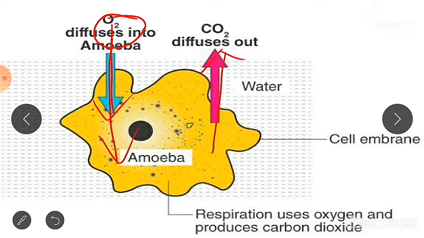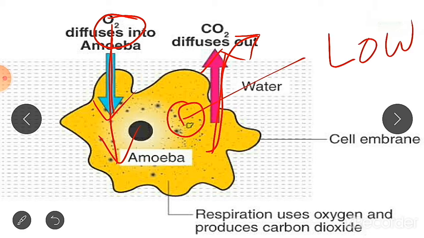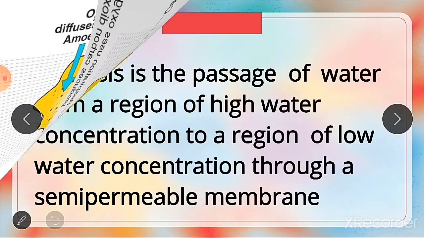So respiration uses oxygen and produces carbon dioxide, and this carbon dioxide diffuses out when there is higher concentration inside the cell and lower concentration outside the cell. So in this way oxygen and carbon dioxide diffuses inside the cell, and also it is removed from the cell.